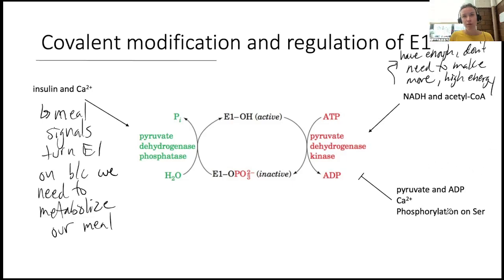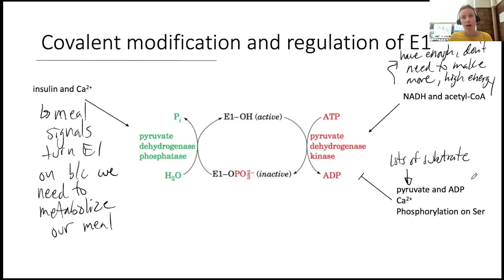Now on the bottom, folks, all of these things, pyruvate, ADP, calcium, or phosphorylation of the kinase, all inhibit the kinase. And so all of these things stop the kinase from happening and leave E1 on. Why does this make sense? Well, if there's a lot of pyruvate, that means there's a lot of substrate. And if there's a lot of substrate, probably the reaction will proceed.